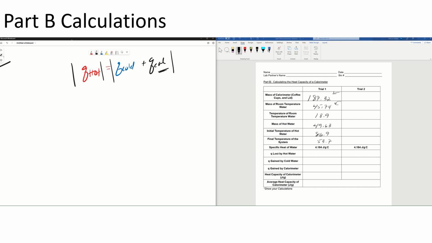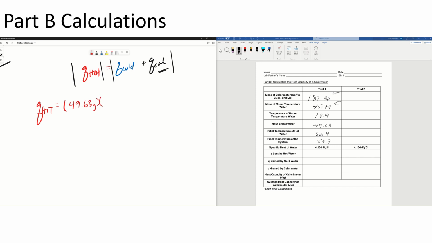The Q lost, oops, sorry, that does not look like what I want it to look like. So the Q of the hot is going to be equal to the mass of the hot water. So the mass of the hot water is 49.63 grams.